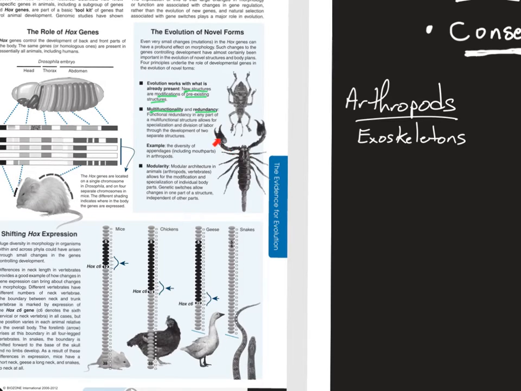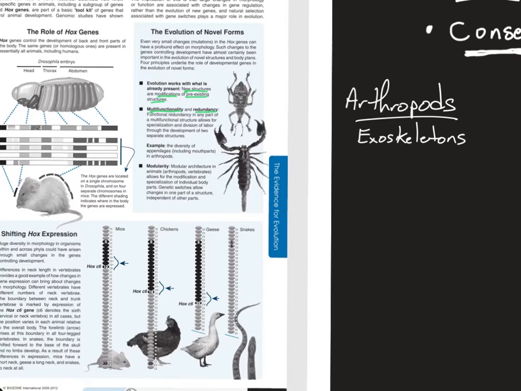In this case, a scorpion has pincers. The insect has antenna. The point is that these appendages, they both had a common ancestor, and this lineage, it so happened that found that using these appendages as antenna was an advantage, where this lineage used those appendages as pincers as an advantage.